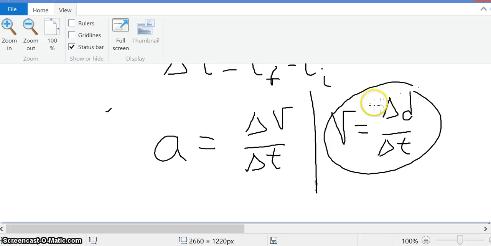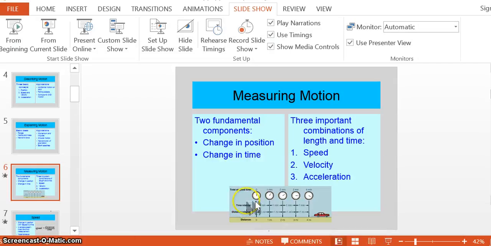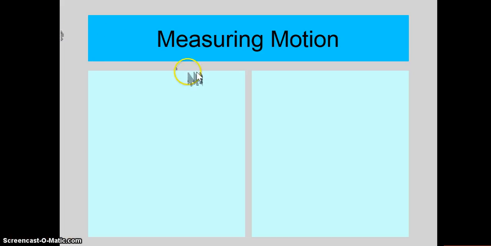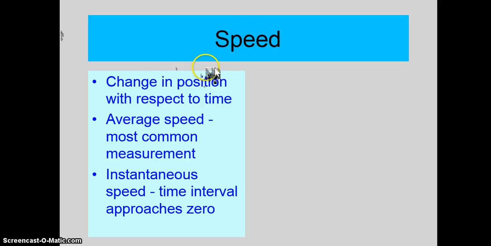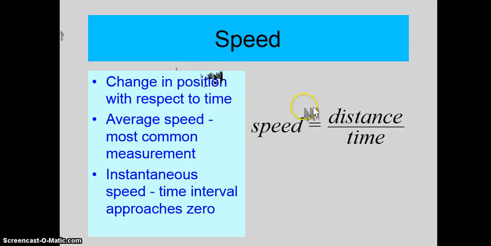All right, so let's go back to our PowerPoint. We already covered this. Here it is again, just in words. It's really the change in distance divided by the change in time. That's the speed. The average speed is really what you measure.